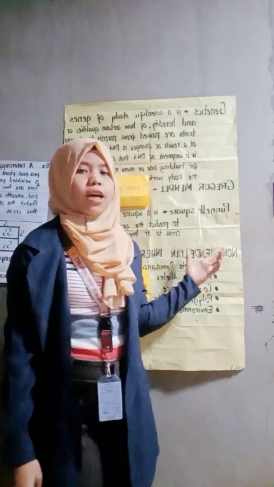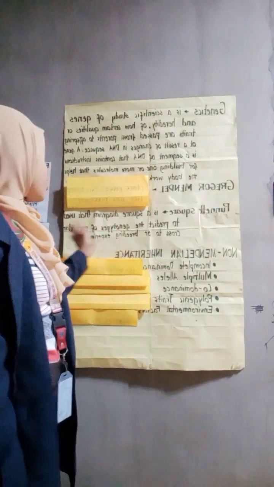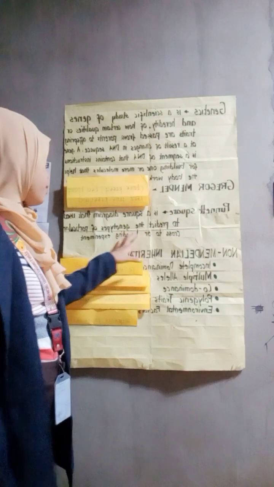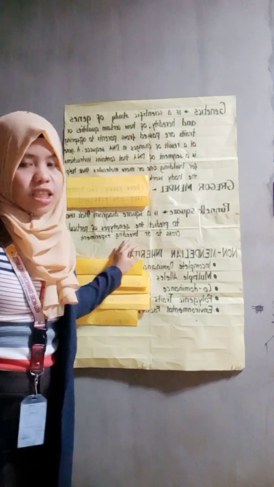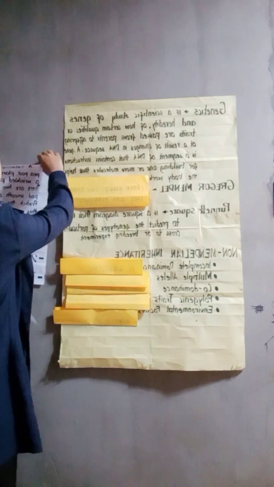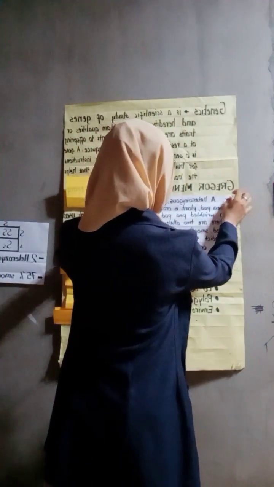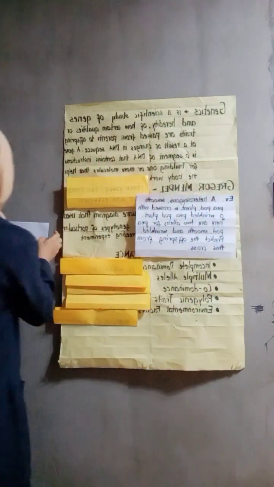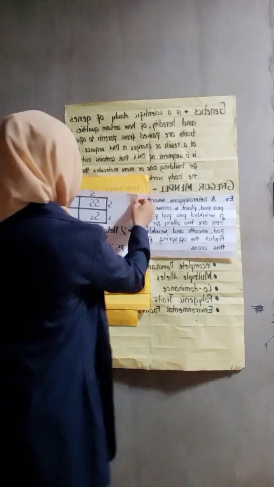Let's proceed to a Punnett square. A Punnett square is a square diagram that is used to predict the genotypes of a particular cross or breeding experiment. Here, I'll show you an example using this Punnett square.